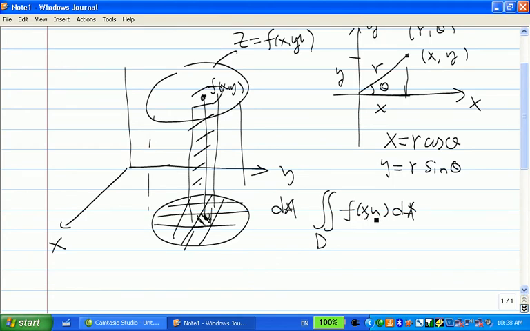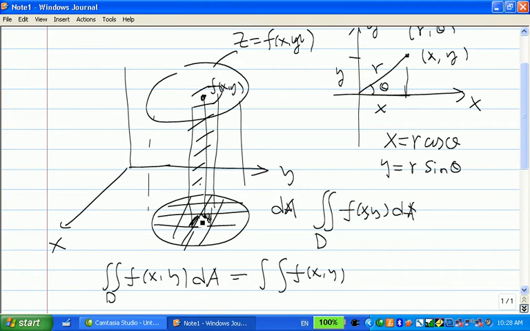Now the question is, how do we calculate that? We learned in the previous section that this double integral can be written as two iterated integrals. See this area: this length is dx, and this one is restricted to y, this is the dy.